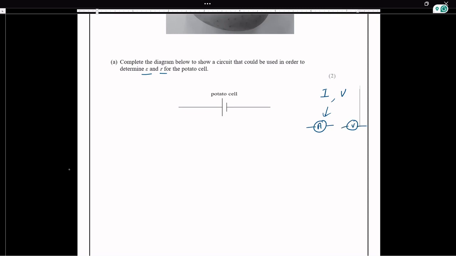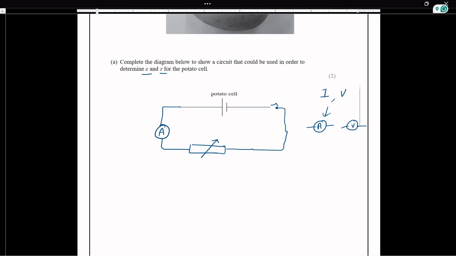Okay, so let us draw the circuit. We need an ammeter, and we need a variable resistor to vary the voltages, to vary the load. So this variable resistor is representing the load. Then the cell, and the key, a switch, you can also use.